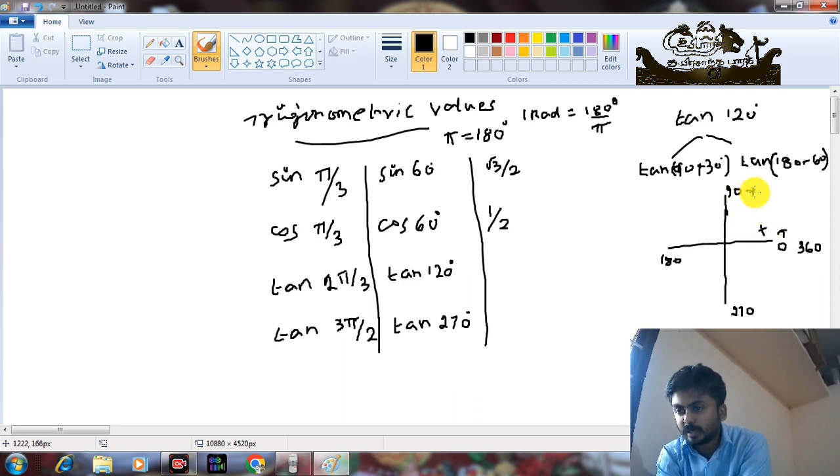So here we are having either 0 plus theta, or 90 minus theta, or simply theta.